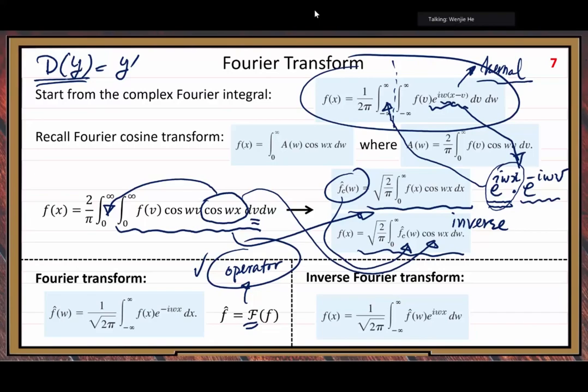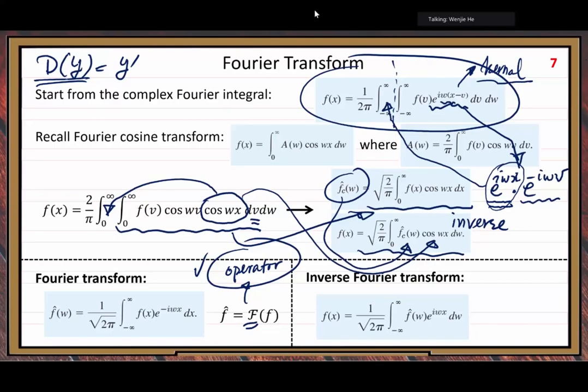The remaining form is the same. The only difference, positive versus negative, is in the kernel. So you apply the inverse Fourier transform on the Fourier transform function, then you recover the original function.